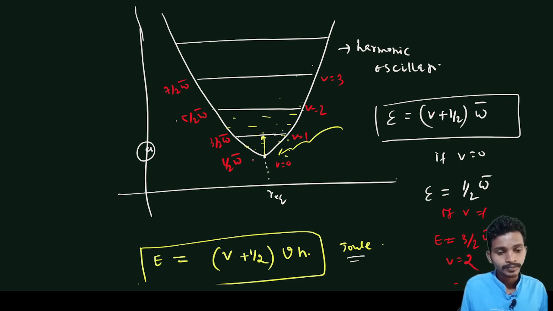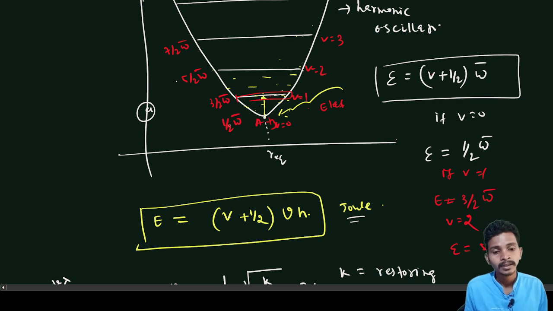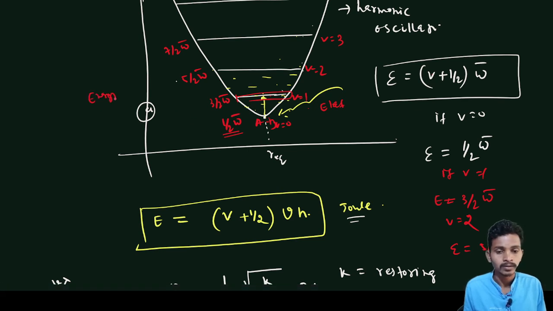And let's say one molecule is vibrating here, and if you give any electromagnetic radiation to it, then this molecule absorbs the energy only if this energy is equal to the difference between energy levels, so that it can shift here, then only it will absorb, otherwise it will not absorb that electromagnetic radiation.